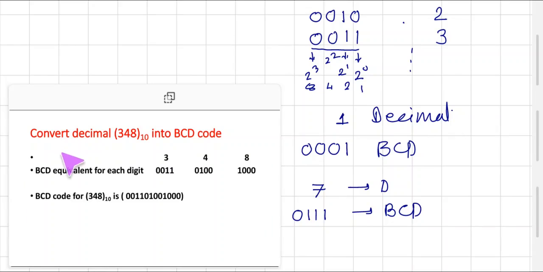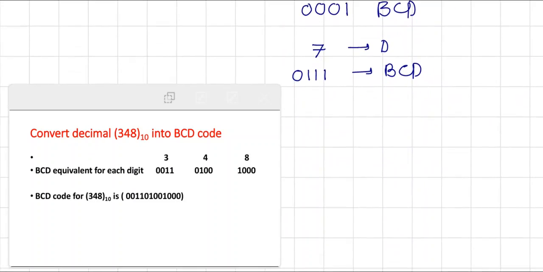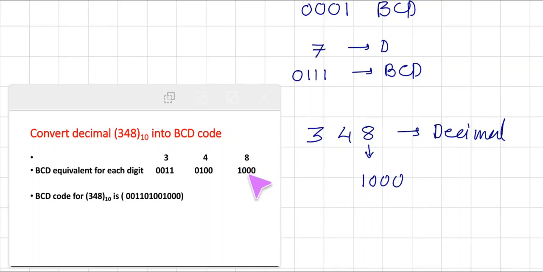So here now suppose we want to convert this decimal number. We know that this is 348, in decimal form, but if we want to convert it to BCD form, we should know that there are 3 different symbols, and 8 can be written in binary 4-digit form as 1, 0, 0, 0, which is represented here.